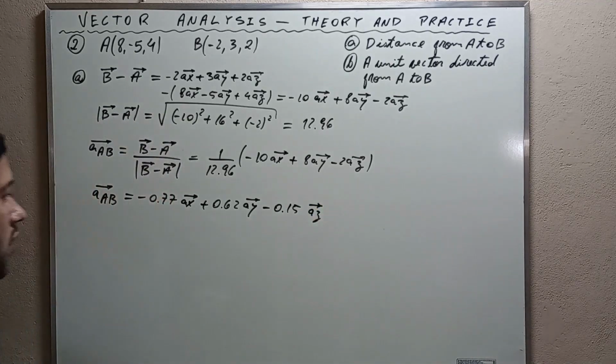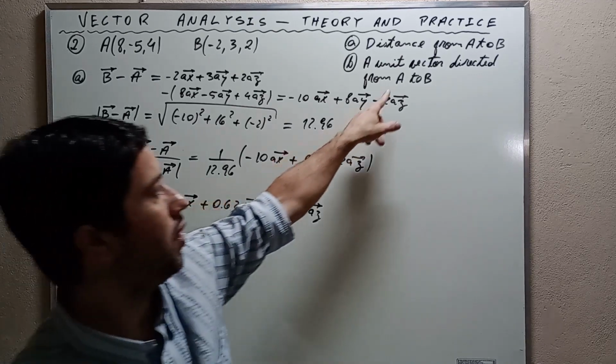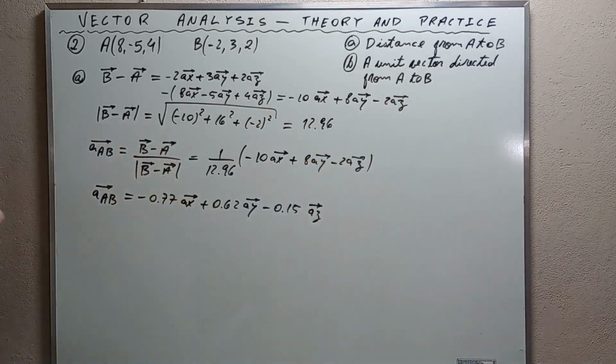Okay, this is the unit vector in the direction of AB, pointing from B to A. No, from A to B. Okay? From A to B. And this is all for exercise 2. Let's go to exercise 3 now.